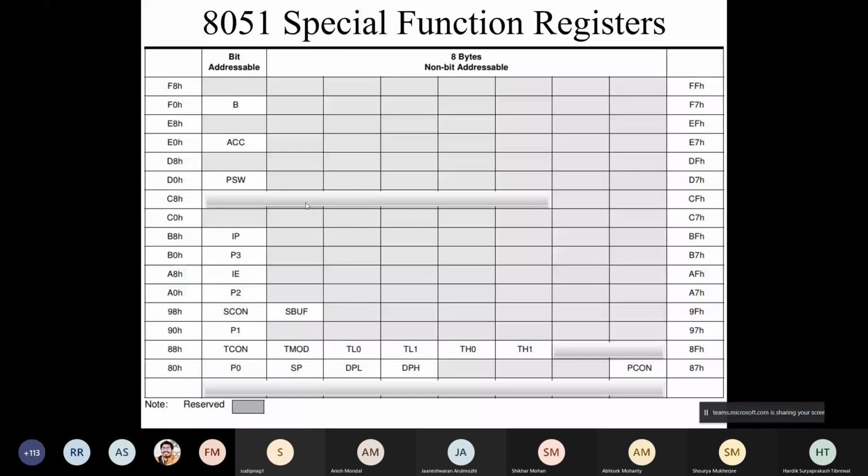There are 256 boxes here, and out of 256 only the ones with a white background are utilized. I've covered something here in the C8 location because those are present in 8052 microcontrollers, and I don't want to get into 8052. You can understand 8051 and easily add some more blocks here.